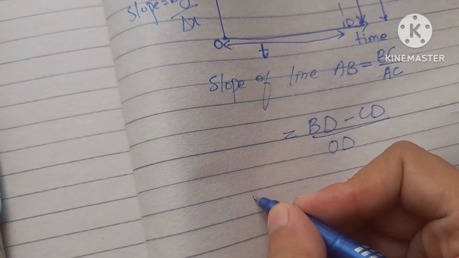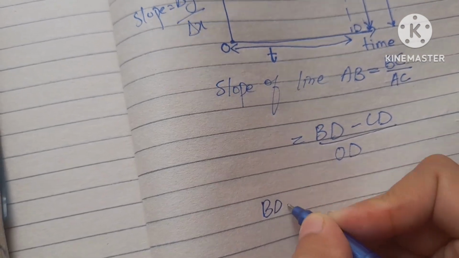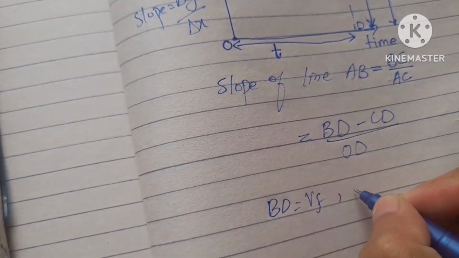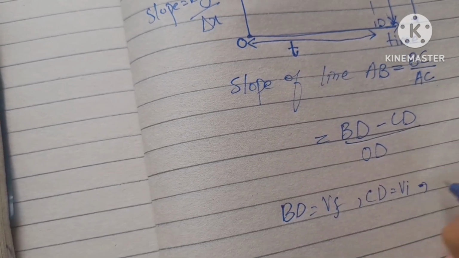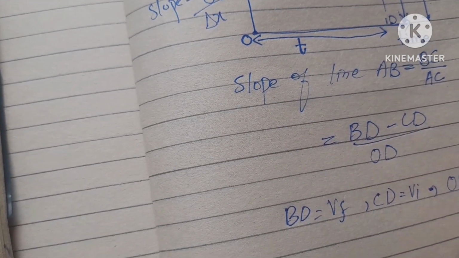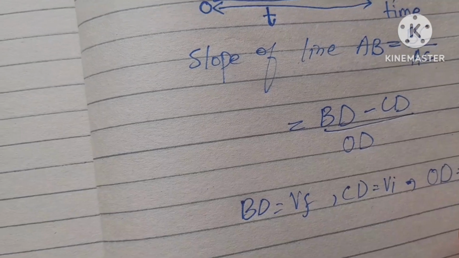By putting the values, BD equals VF, CD equals VI and OD equals time t.